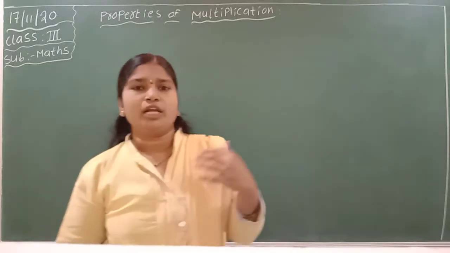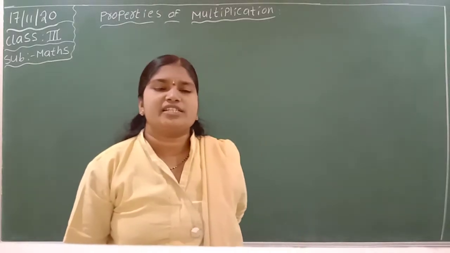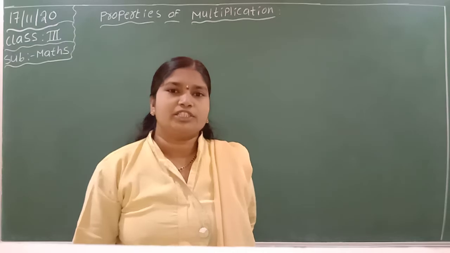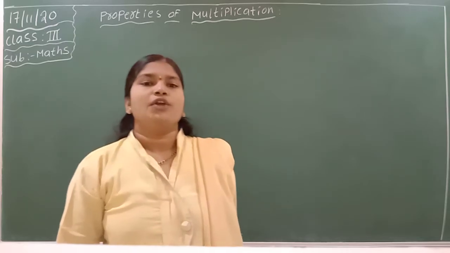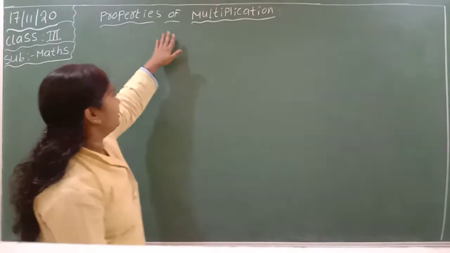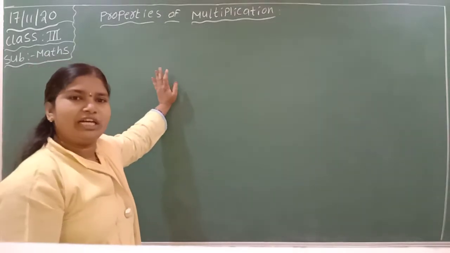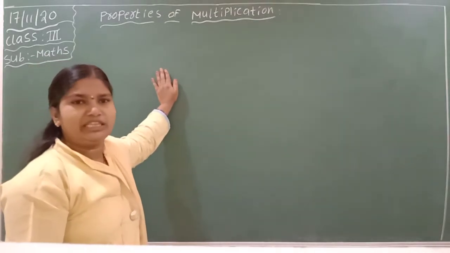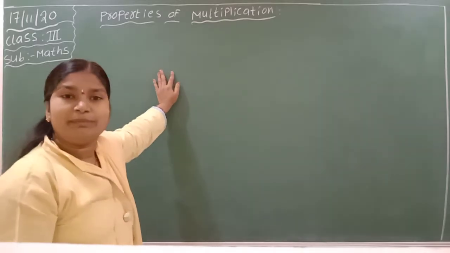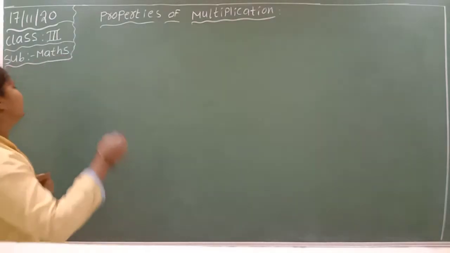Properties is nothing but rules. Already we discussed in the additions and subtractions what are the properties. Today we have to discuss about the properties of multiplication. In this we are having four properties. In that first one is multiplying by 1.